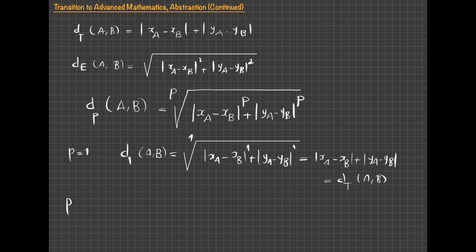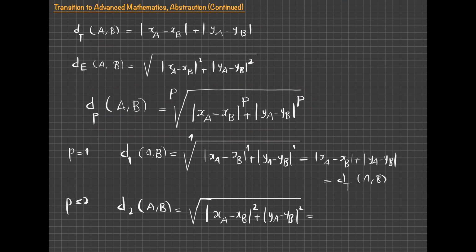And if I choose p equal to 2, then D_2 of A and B becomes the second root, but for the second root you know that you don't write the number here. So that is just the second root of the absolute value of x_a minus x_b to the power 2, plus y_a minus y_b to the power 2. What is this one? Nothing except the Euclidean metric.